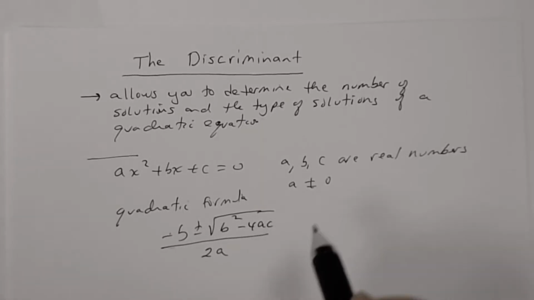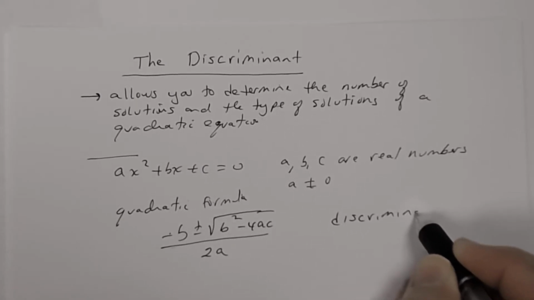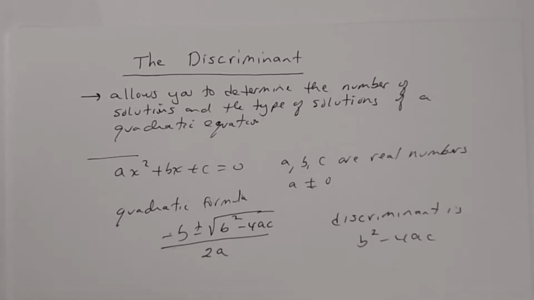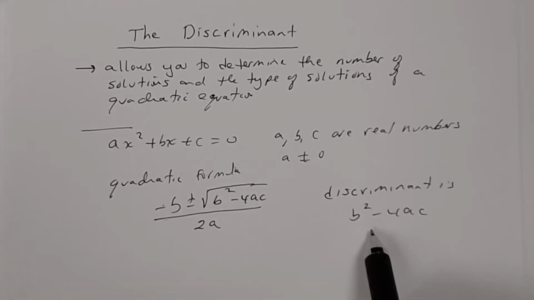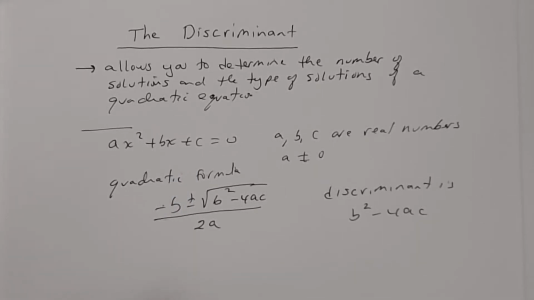So the discriminant is b squared minus 4ac. That's the discriminant. Okay, so that expression will allow you to determine the number of solutions and the type of solutions you're going to end up with.